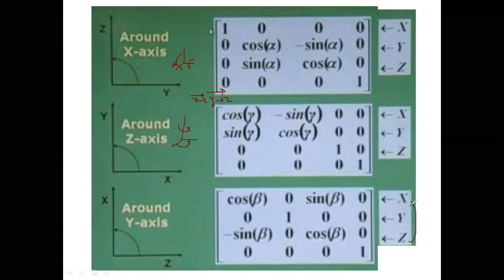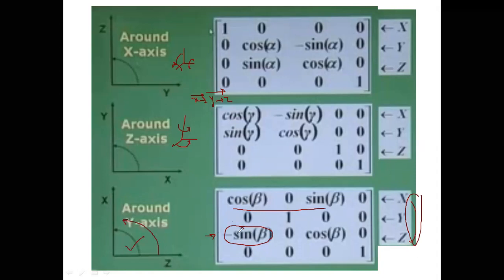So keep in mind that when we are moving from z to x, to make it consistent, we have to put the negative sign in the third row of sine theta. When we multiply it, we will get the same order of z to x rotation.